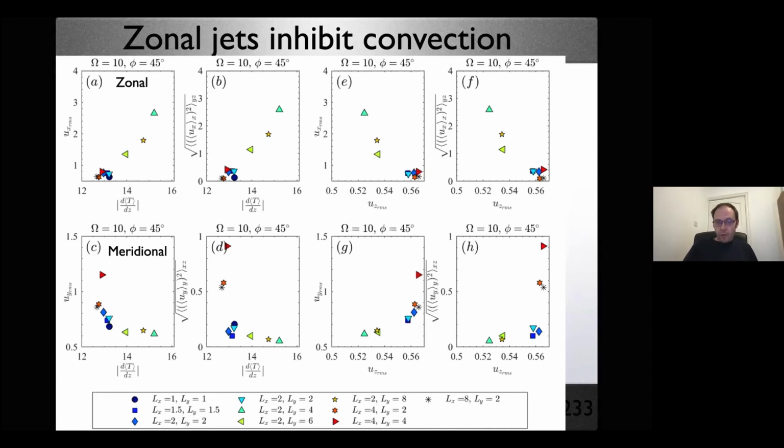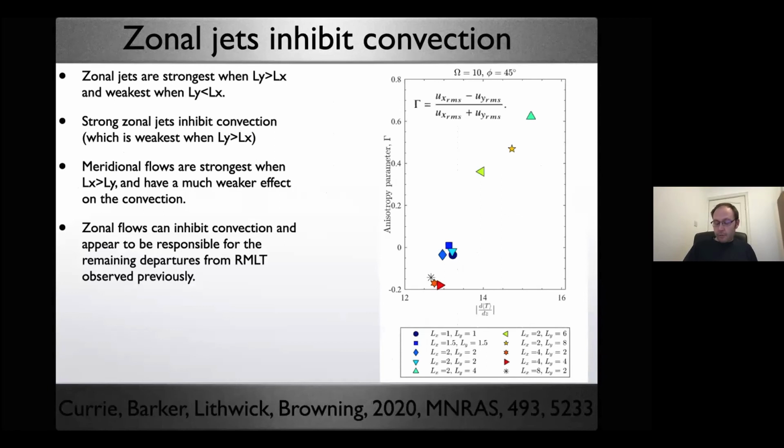And this can explain why we have some departure from the theory at non-polar latitudes. And we can show that it really is the zonal flows rather than any meridional flow that's relevant by plotting the mid-layer temperature gradient as a function of this anisotropy parameter, which is 1 if the zonal flow dominates, and you can be negative, -1, if the meridional flow dominates.